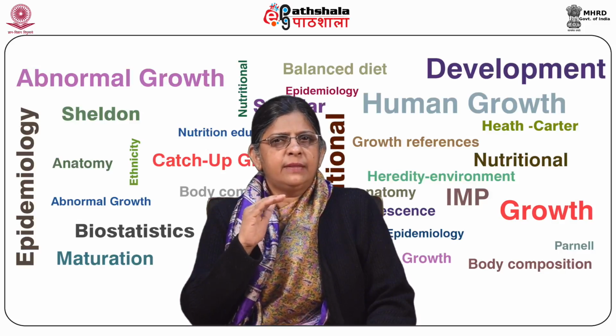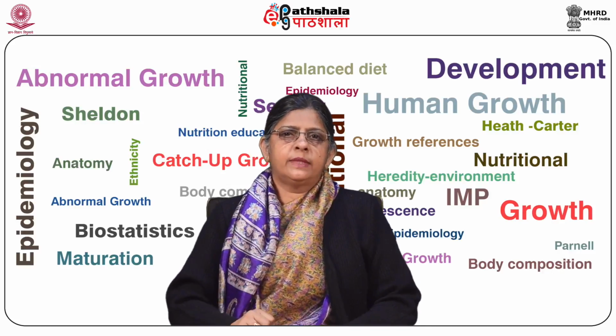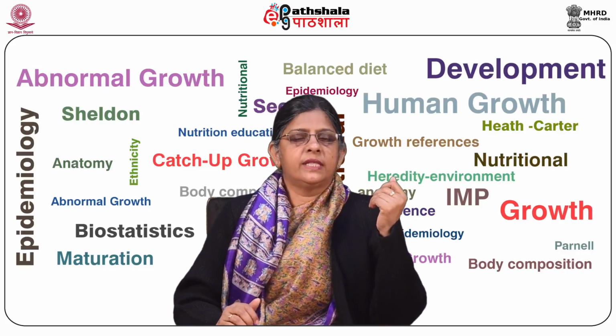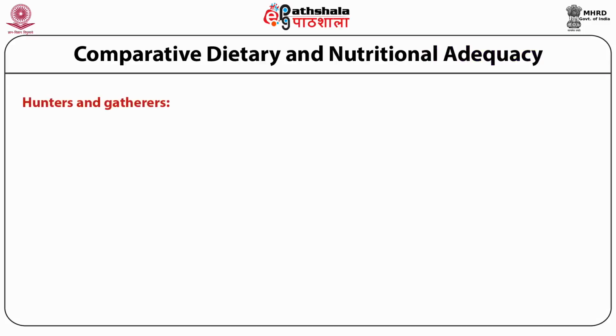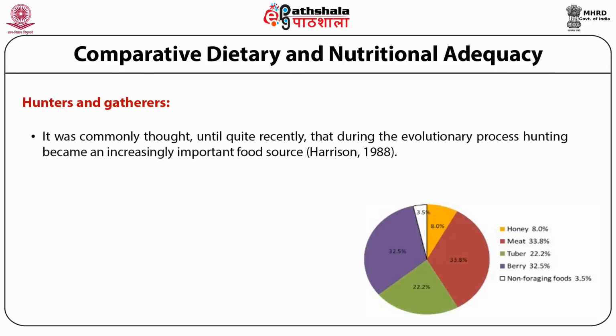In general, teeth become smaller in more recent forms, but they did not show a high degree of specialization. Some of the earlier hominoid forms developed teeth which are presumed to indicate a more vegetarian diet. Hunters and gatherers. It was commonly thought until quite recently that during the evolutionary process, hunting became an increasingly important food source.